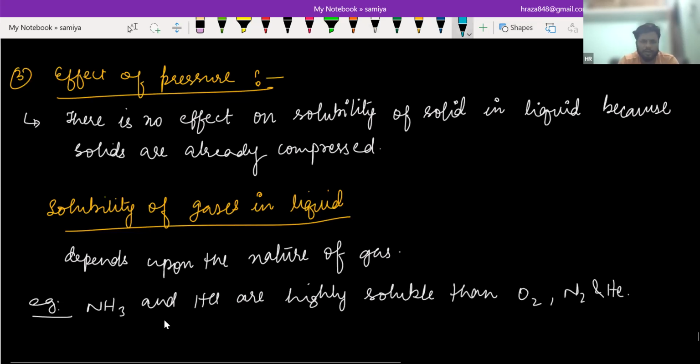Why is it so? Because NH3 and HCl form hydrogen bonding in water. That's why they are highly soluble in water as compared to O2, N2 and He. So please write it: it depends upon the nature of gas.